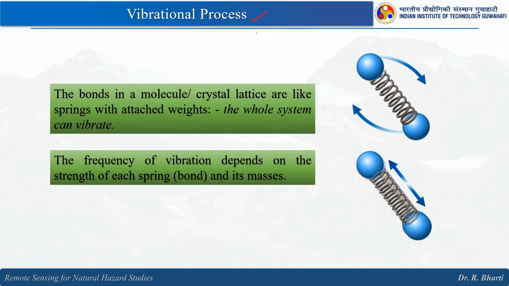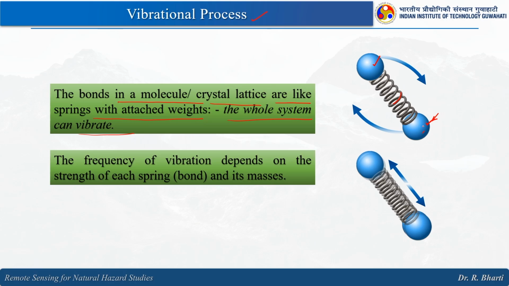Here the bonds in a molecule or crystal lattice are like springs with attached weights, and the whole system can vibrate. So, let us assume you have two masses attached to each other with a spring, right. Now, what happens if you hold one and push the second mass a little bit? These two will start vibrating, right.